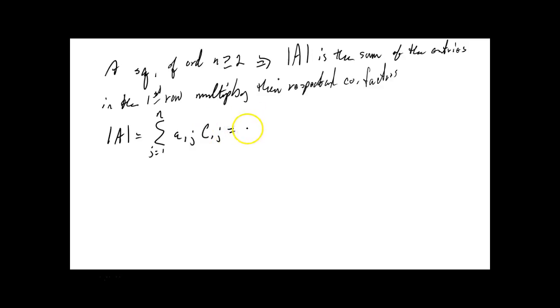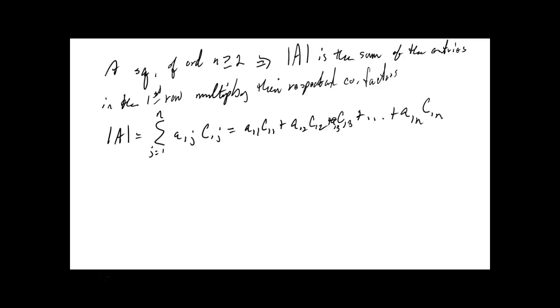Which is, by the way, a11 C11 plus a12 C12 plus a13 C13, plus dot dot dot, all the way up to a1n C1n.